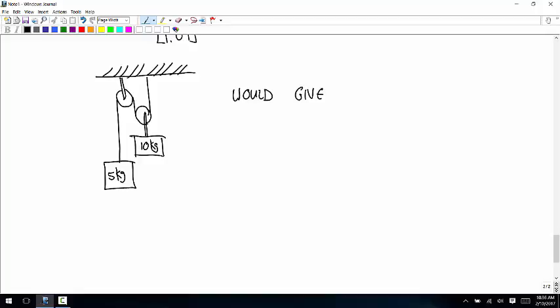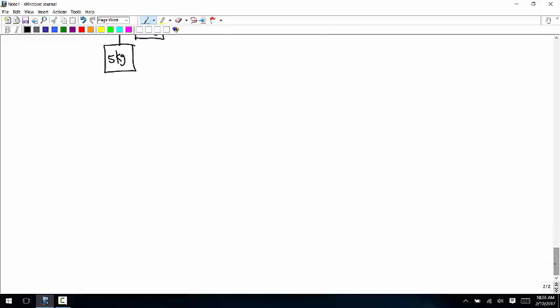So this would give no acceleration. Try it if you feel like it. Okay, so that's all I'm going to say about particle kinetics.